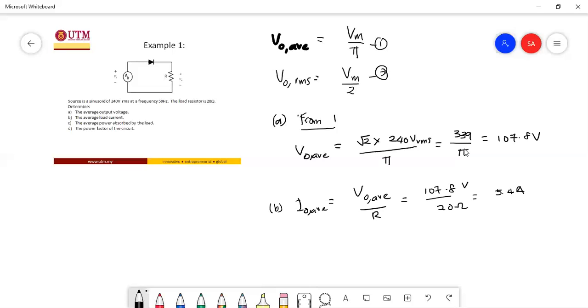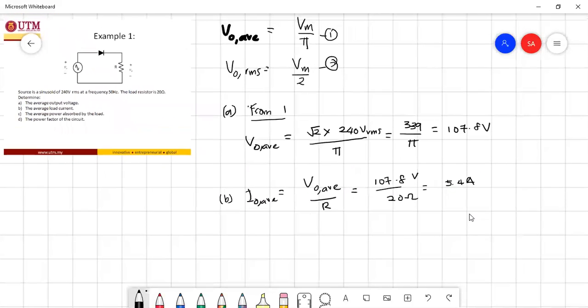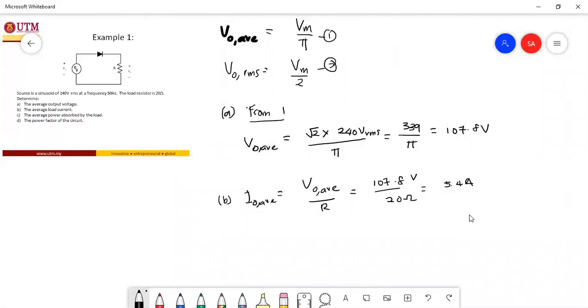And for question number 3, which is C, the average power absorbed by the load.